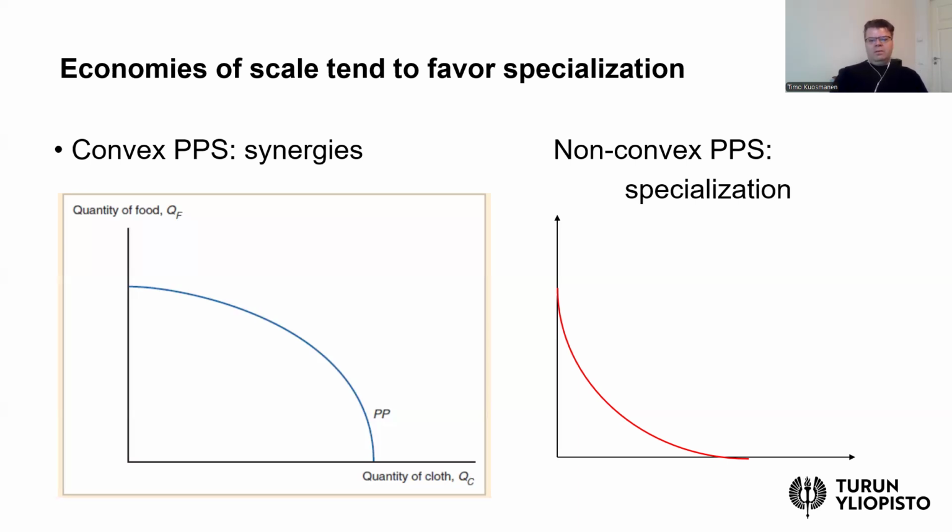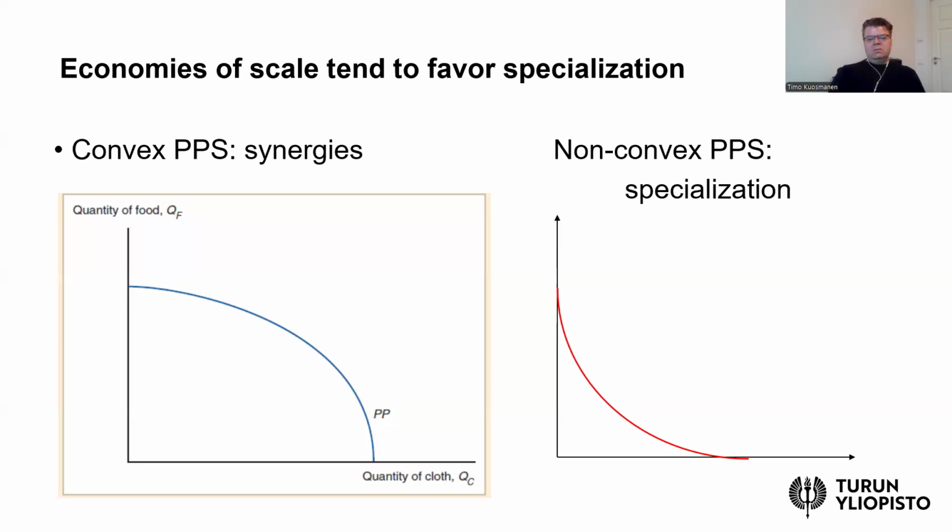Obviously, if the production possibility set is non-convex, it would give an incentive for a country to specialize in the production of one good only, and depending on the world market prices, they would choose to produce either this good or this good. So economies of scale, at least if they are very significant, can give rise to non-convexities and lead to a highly specialized solution.